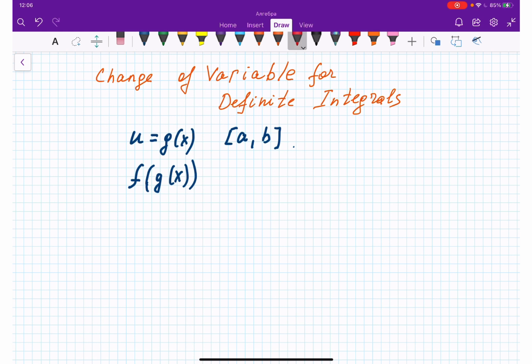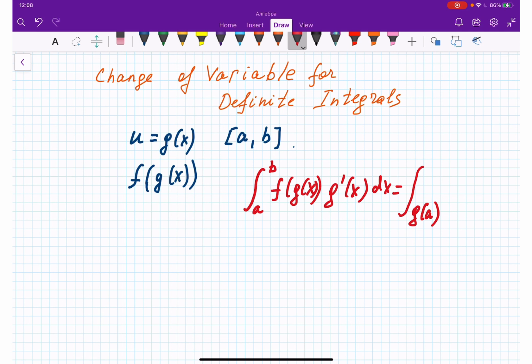Then we can say that the integral from a to b of f of g of x times the derivative of g of x dx is equal to the integral from g of a, the lower boundary, to g of b, the upper boundary, of f of u du.